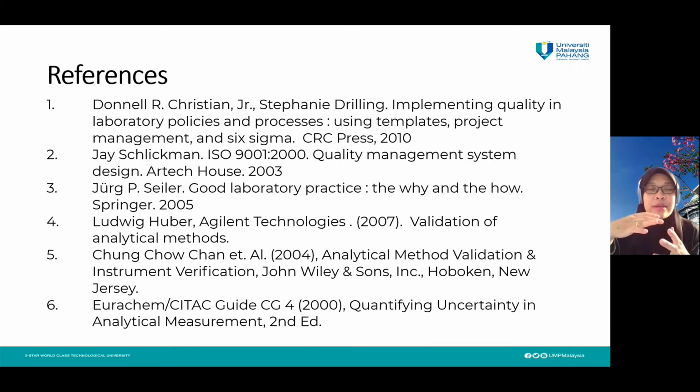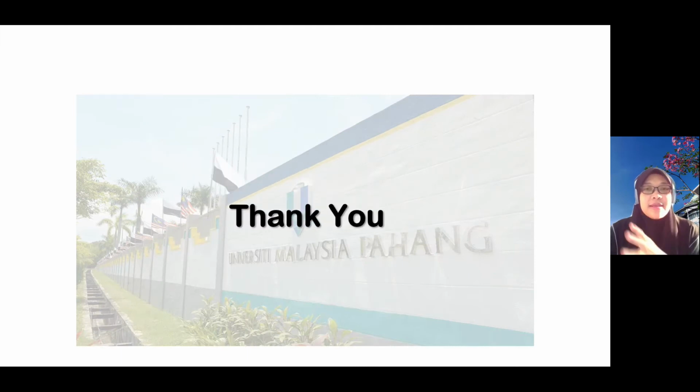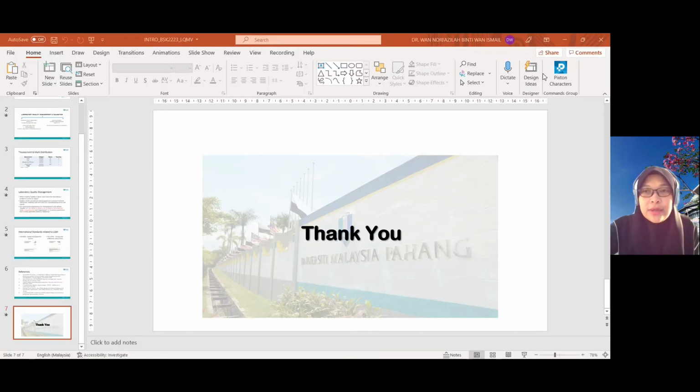You can try to find them in the laboratories, and you can go through these references for additional information, okay, and that is for the introduction part of laboratory quality management.